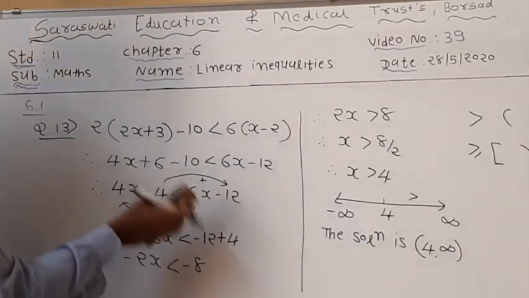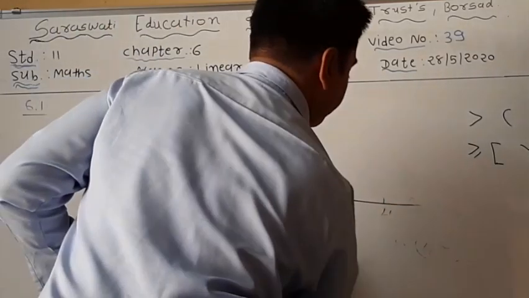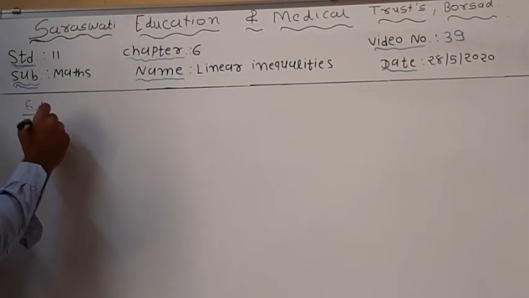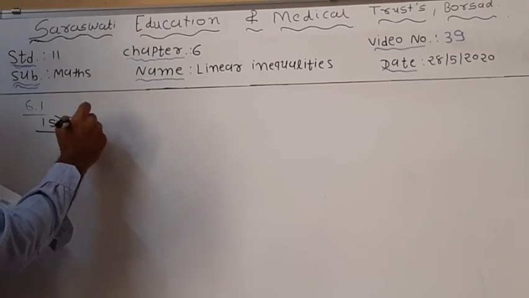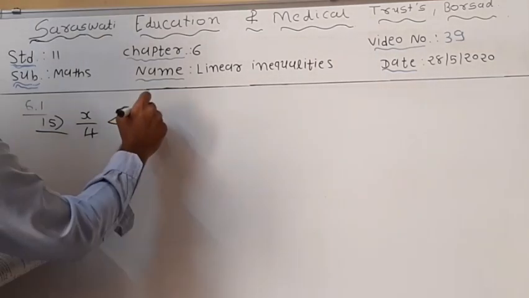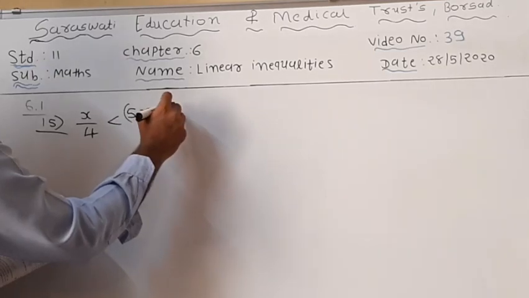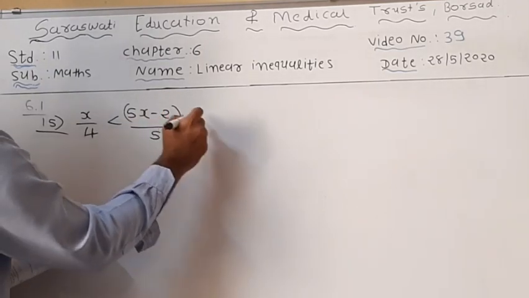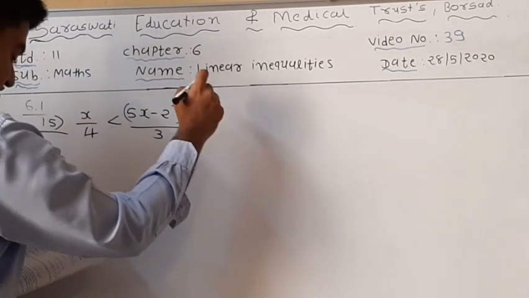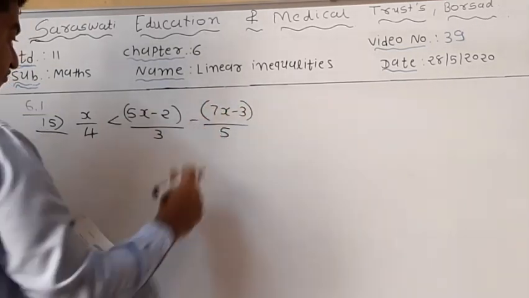Question number 15. Solve x upon 4 less than 5 times (5x minus 2) upon 5 minus (7x minus 3) upon 3.